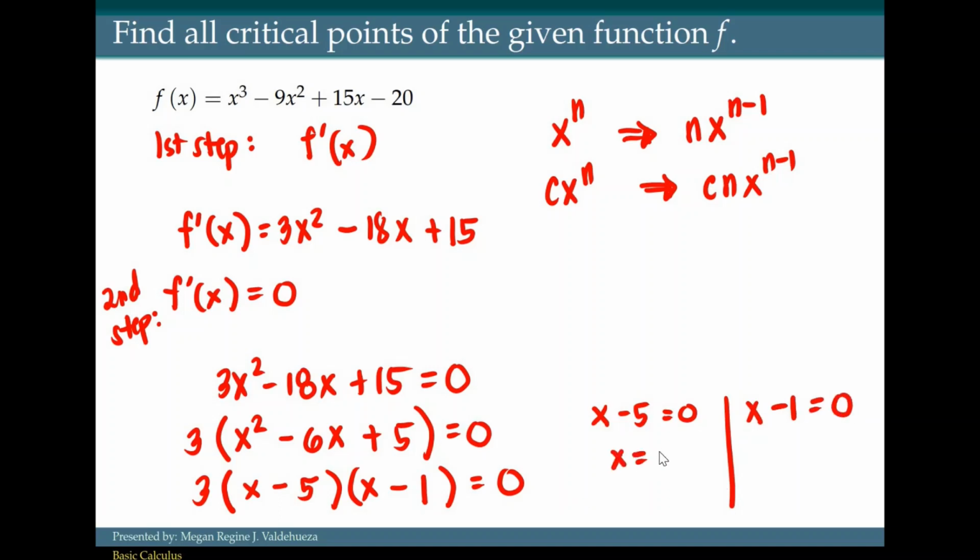That is x equal to 5 and x equal to 1. So 3 is equal to 0 and that cannot be. So we only have x equal to 5 and x equal to 1 as our critical points for the given function.